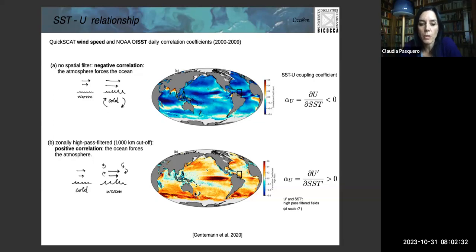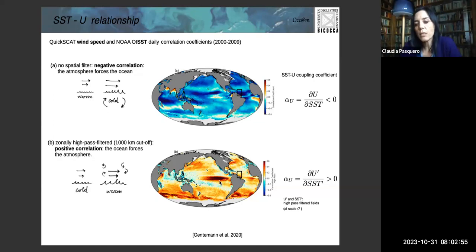We interpret this as the ocean forcing the atmosphere, in the sense that warm SST structures favor the vertical redistribution of properties in the atmosphere, and this brings down momentum from the free troposphere to the surface, generating an increase in wind speed.